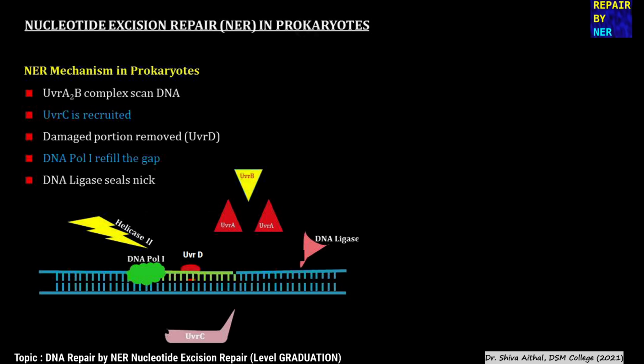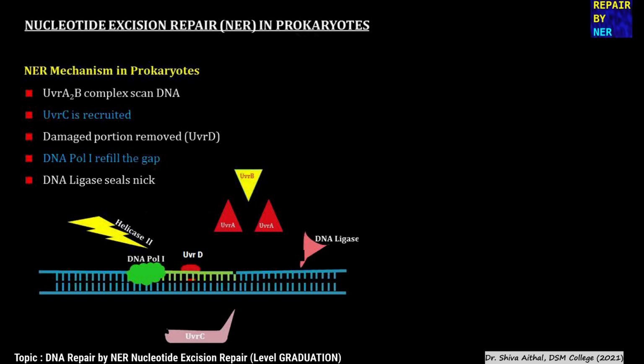The mechanism, if you see in the bacterial system, is that the UvrAB complex scans the DNA first. This UvrA and B scans the DNA. Now you can find some ambiguity here. In some cases you will find 2 UvrA molecules, in some you find 2 UvrB molecules. All are correct. These are small variations in different species and genera of bacteria across the bacterial kingdom.